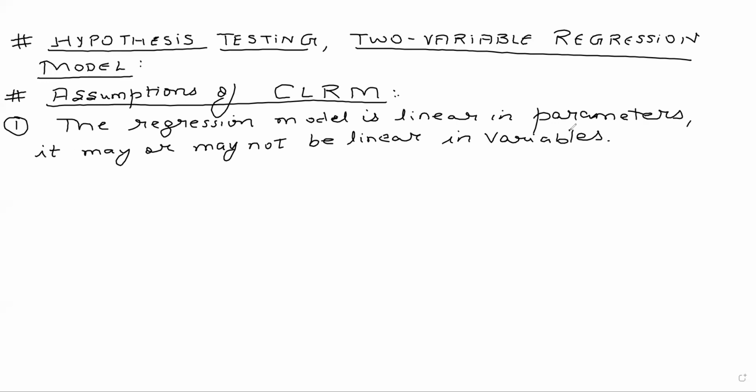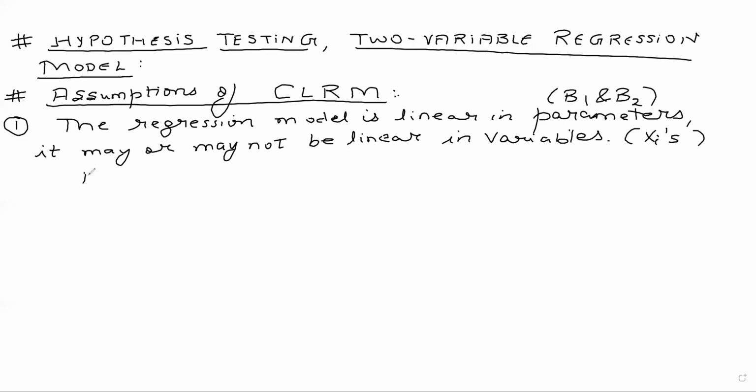The first assumption of classical linear regression model is that when we talk of linear regression, it is linear in parameters. The parameters are B1 and B2. It may or it may not be linear in the variables. Variables are the xi's. So I hope students are clear.